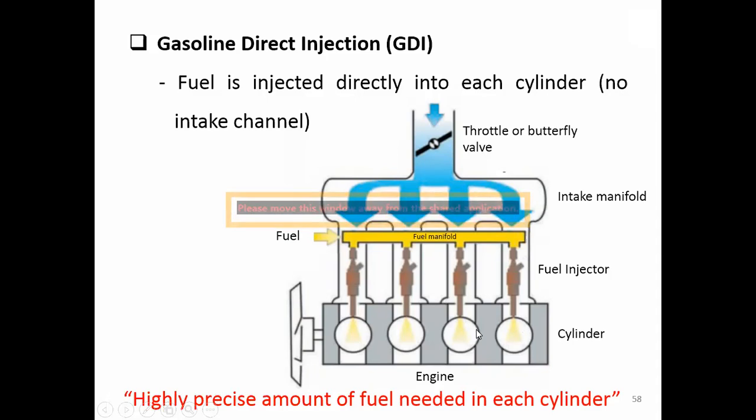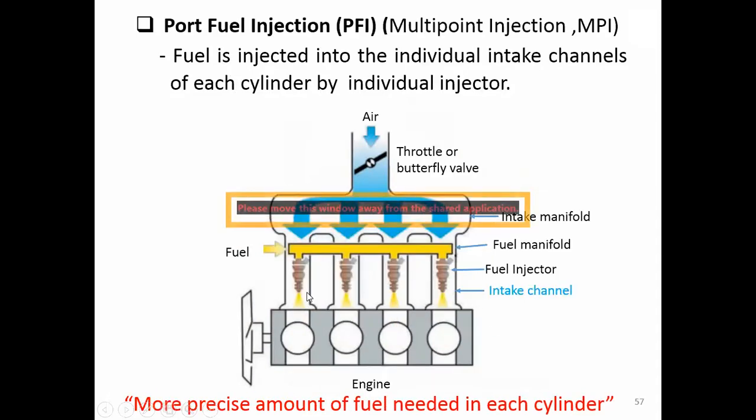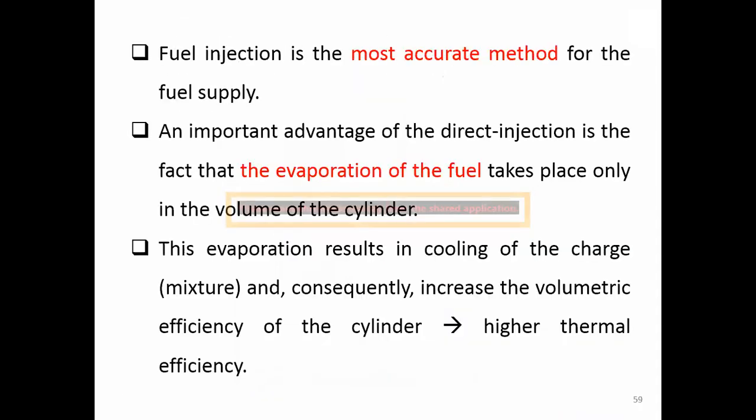Compare with the previous one, just close to the cylinder, they still have a friction barrier here that can reduce or change the fuel flow rate. If I talk about the fuel amount, of course, it's the same, but if I talk about the fuel flow rate, it's different. Okay, so overall, fuel injection is the most accurate method. People knew this a long time ago, but they dared not to use it because of the material problem.